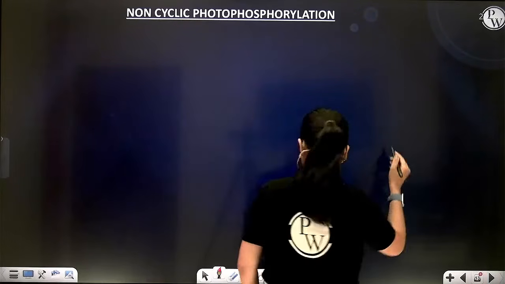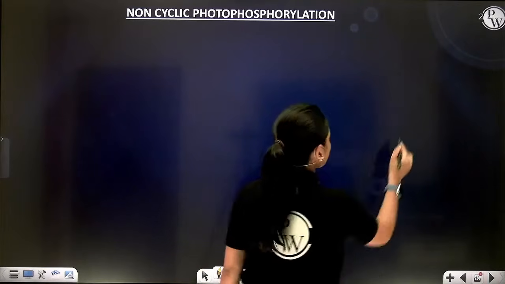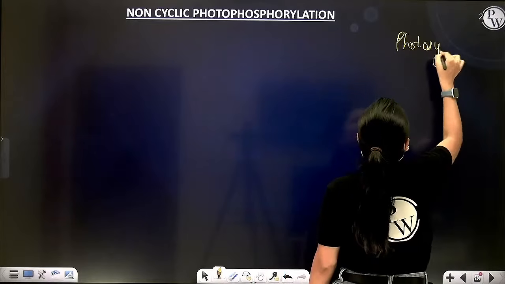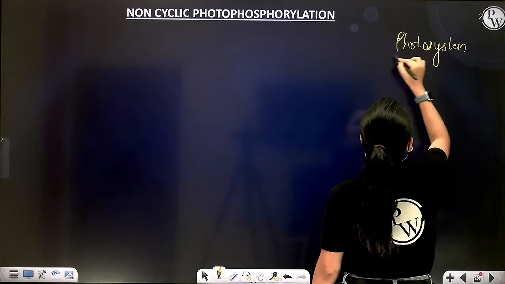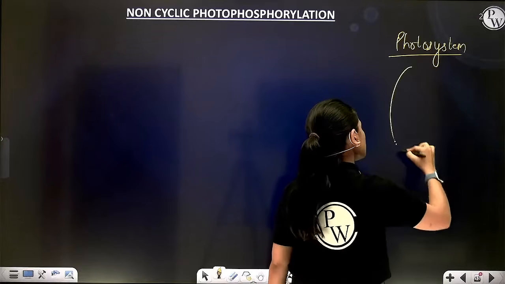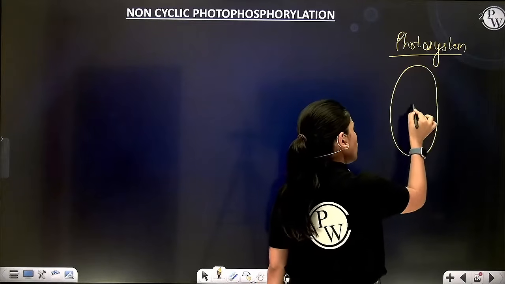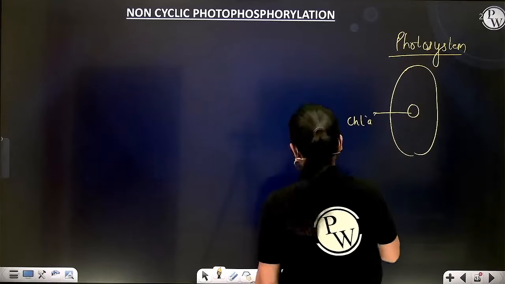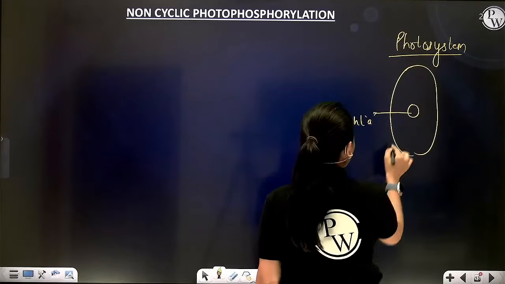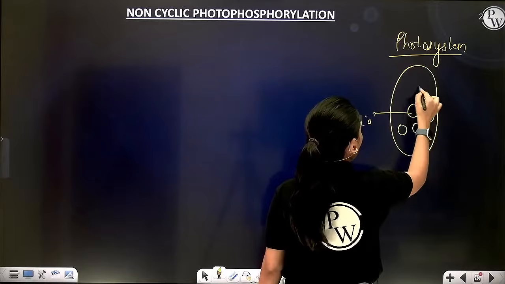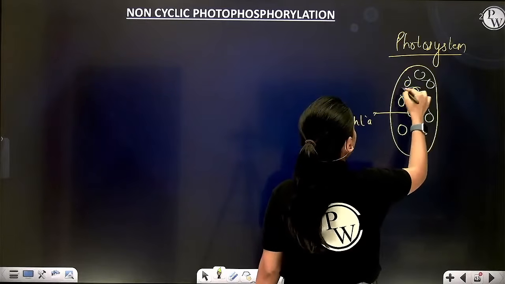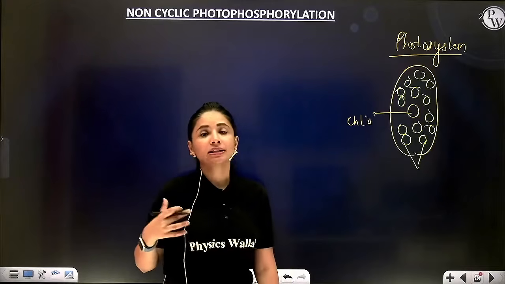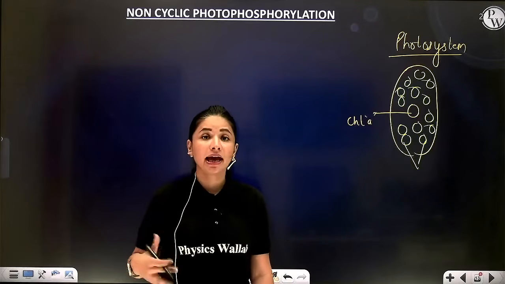So first let me show you the photosystem. Right? So each photosystem comprises of one molecule of chlorophyll A, which is the reaction center, that is surrounded by a number of accessory pigments, also called the light harvesting complex, LHC.